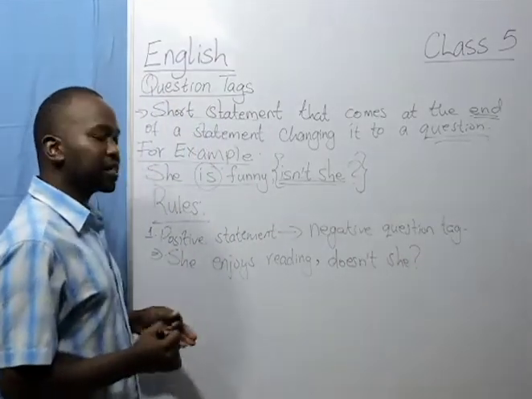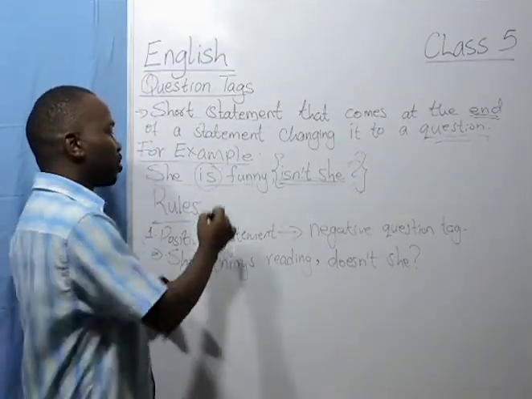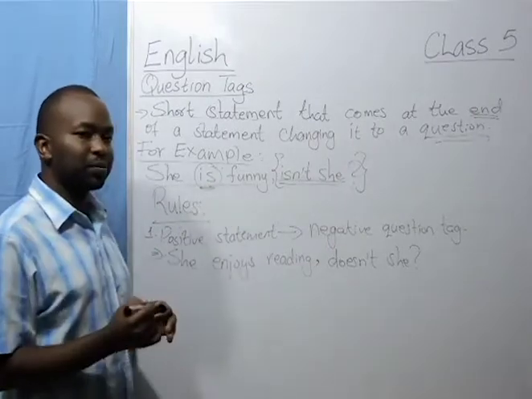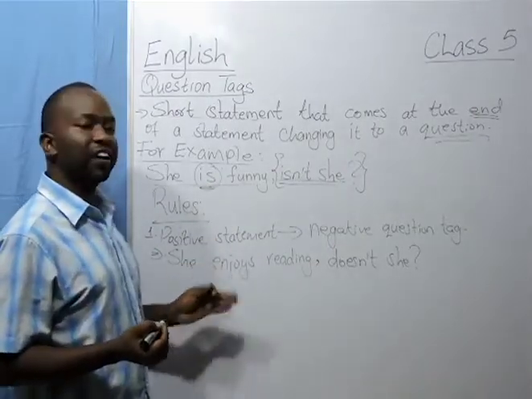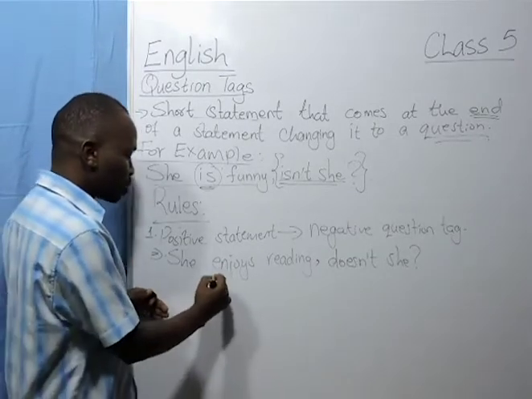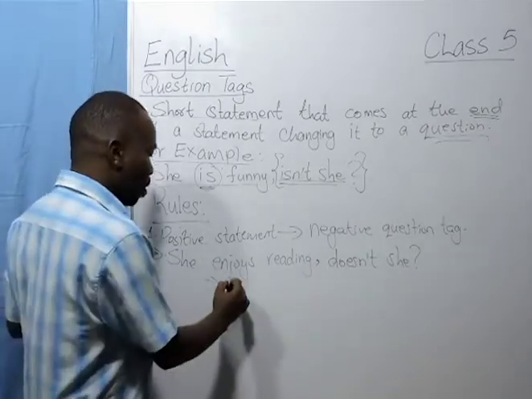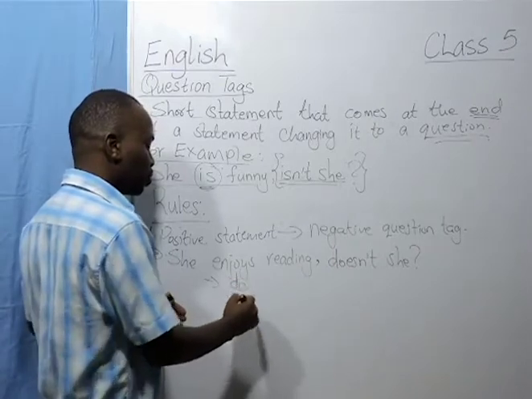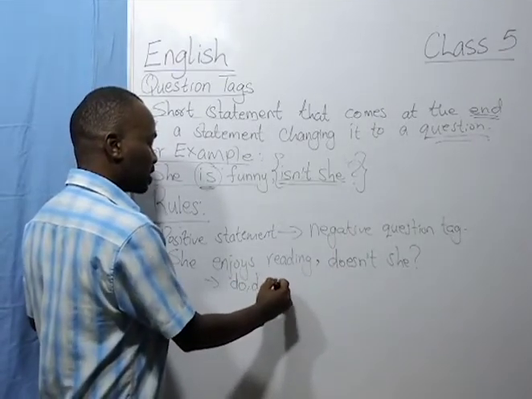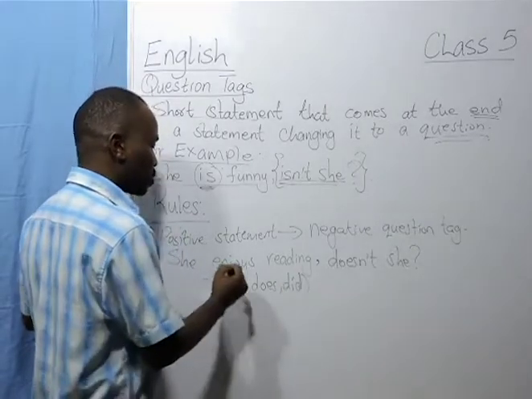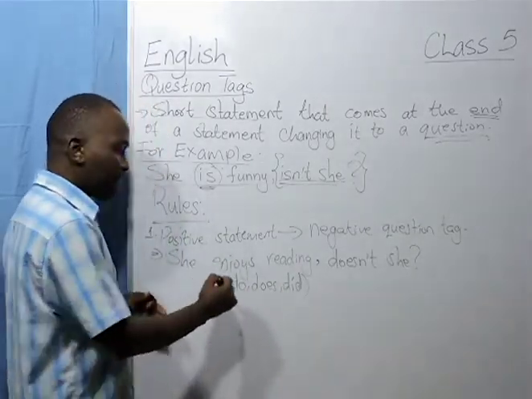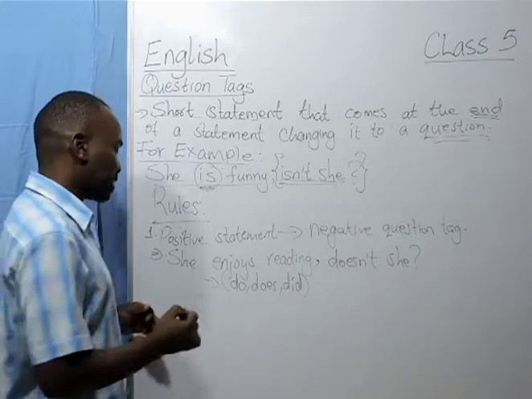So in this statement, you will realize that we don't have a helping verb. So what do we do? In a statement that does not have a helping verb, we always use the correct form of the verb do, does, or did in the past tense. Any of these will work depending on the tense of that statement.